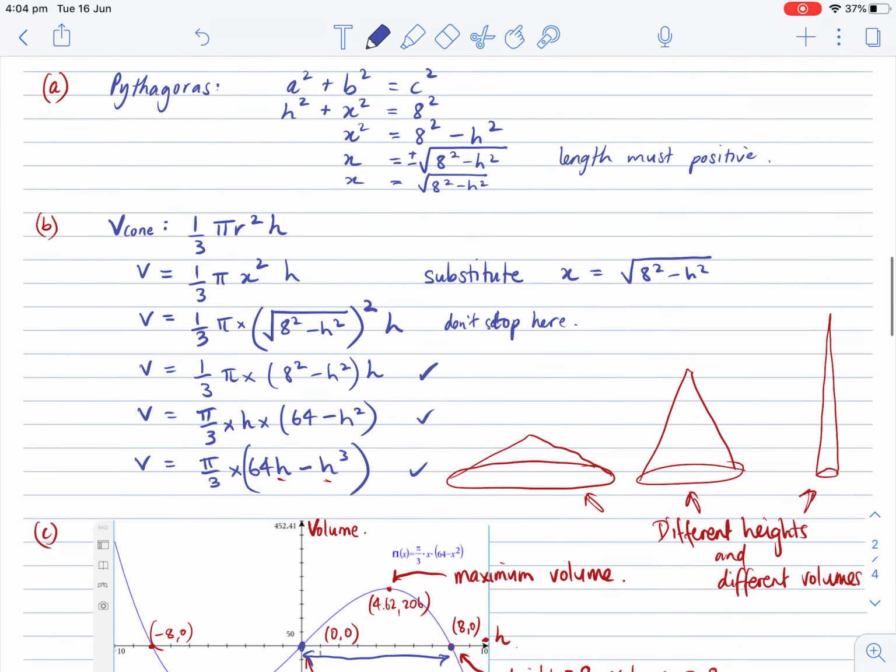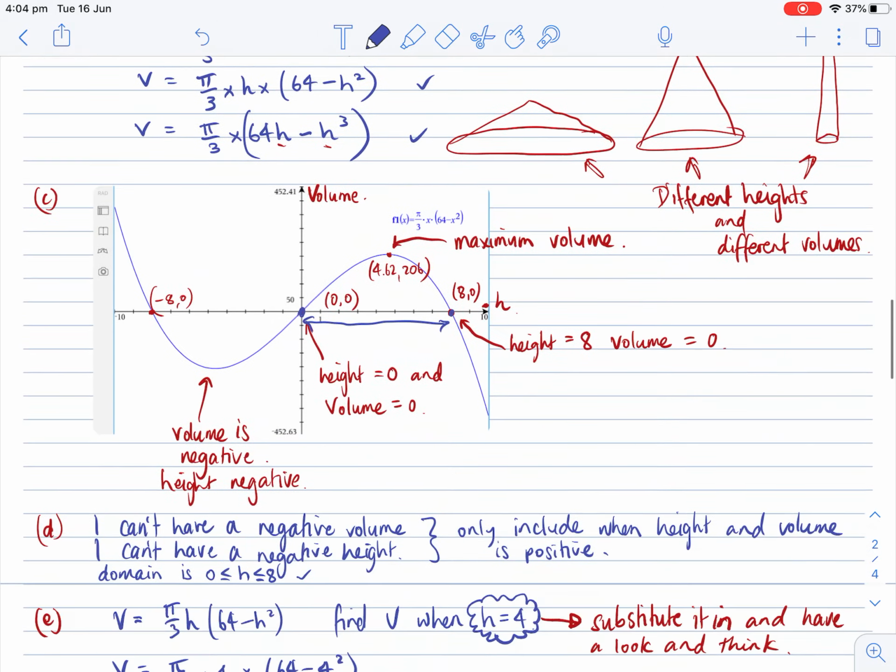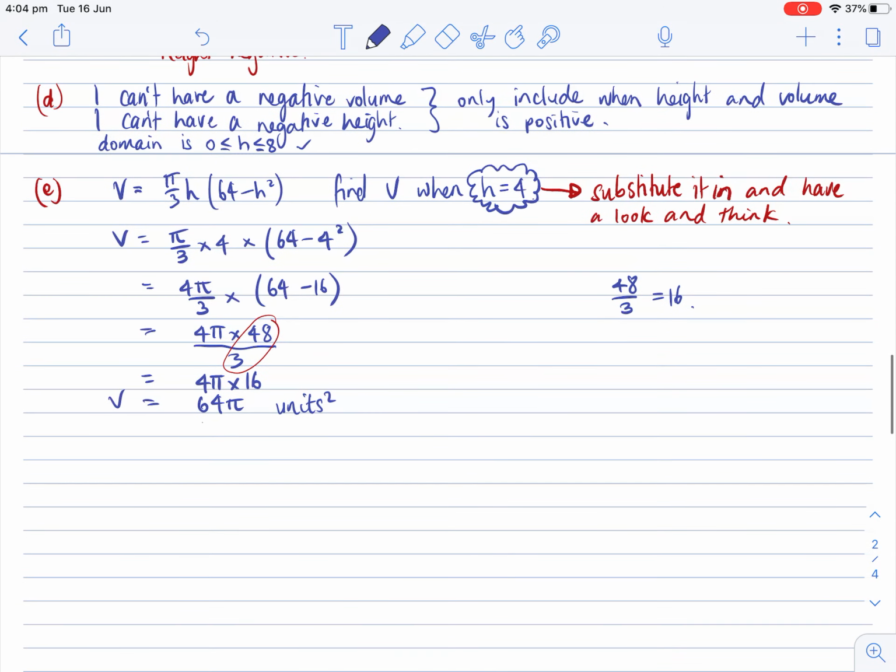units squared. Now in my problem at the very beginning, it tells me that it was in metres. So I can say it's 64 pi metres squared.